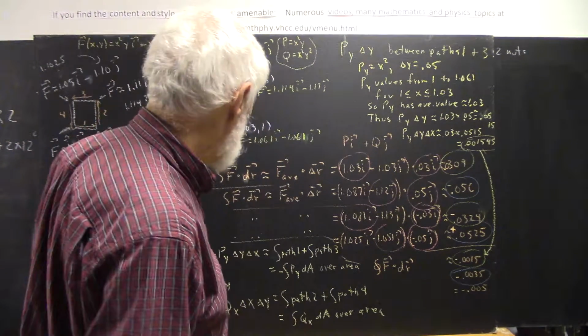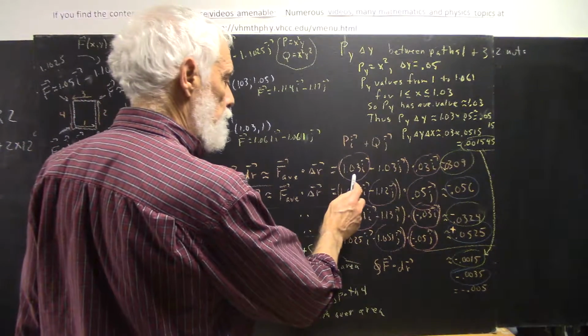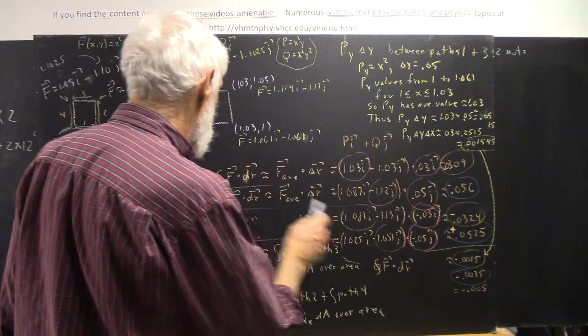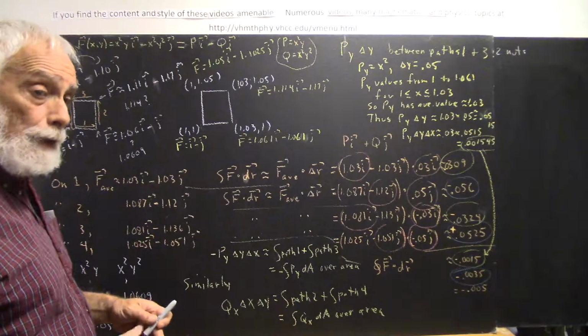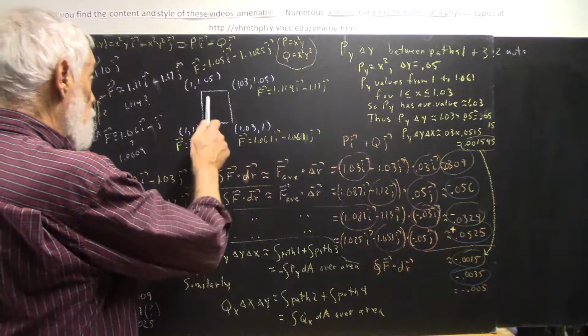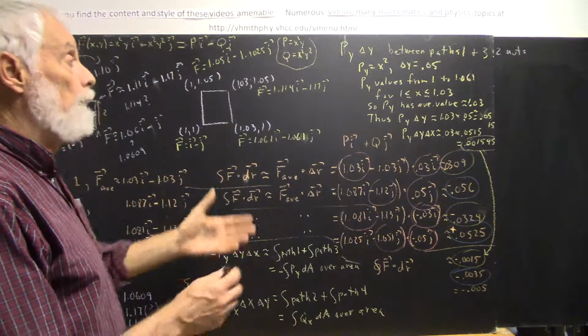Okay, now what is it then that makes the i component change between path 1 and path 3? As we've said, it's not the value of x. The value of x is the same here as it is here. It's the value of y.